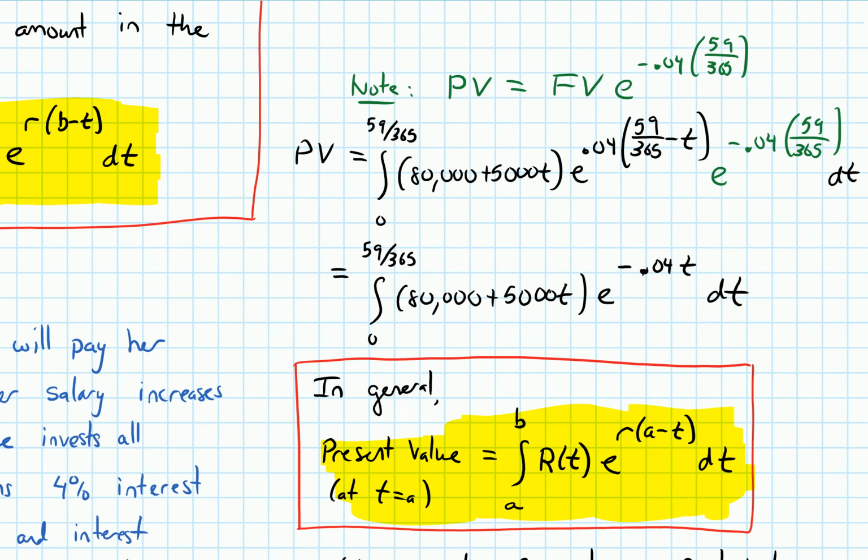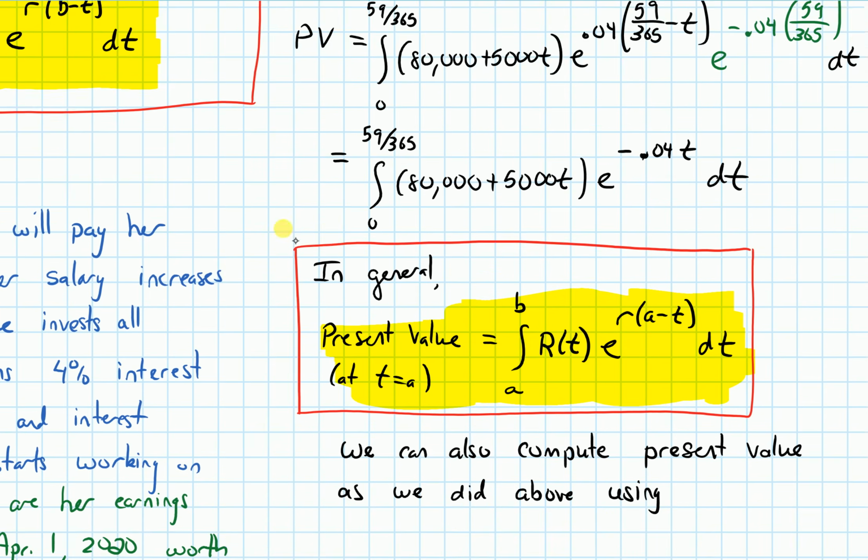I didn't need to use this integral formula in this example because I already knew the future value. But if I don't already know the future value, I can just use this formula for the present value to get it a little bit more directly.